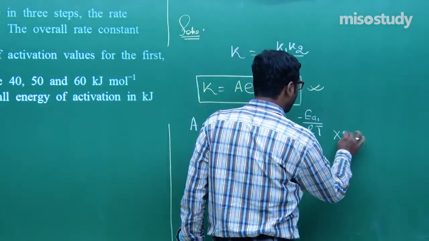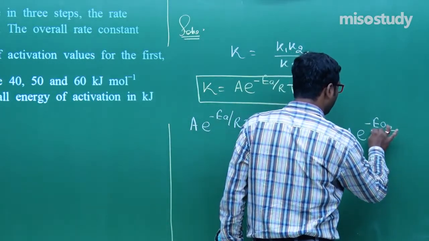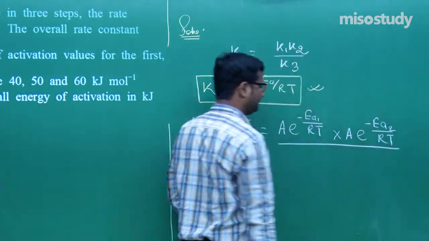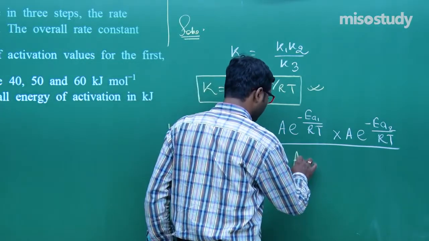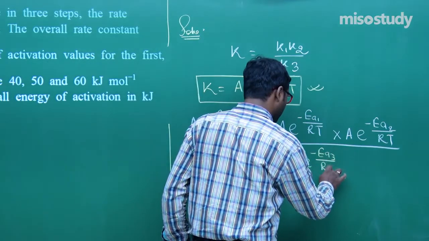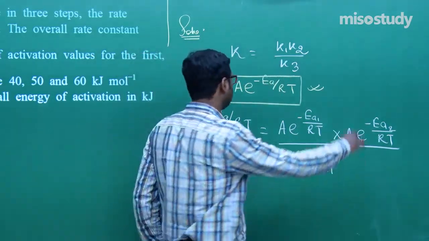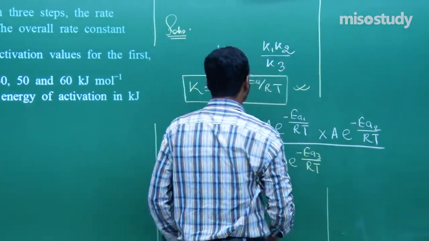Now multiply by A e to the power minus Ea2 upon RT, divided by k3, A e to the power minus Ea3 upon RT. Exactly? Yes sir. Now come here, what I am telling.